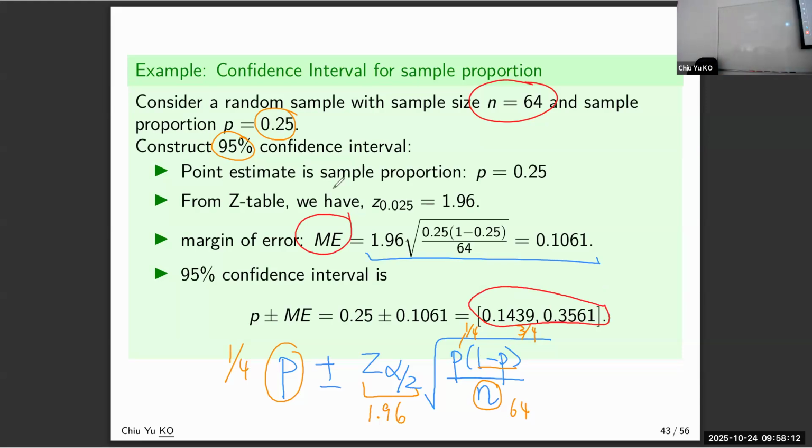So you can see here, when I have 64 sample size, the margin of error is like 10%. Okay. And later you will see this is indeed not a coincidence. And in general, this is what you get when you have around 100 sample size for binary data. Okay.